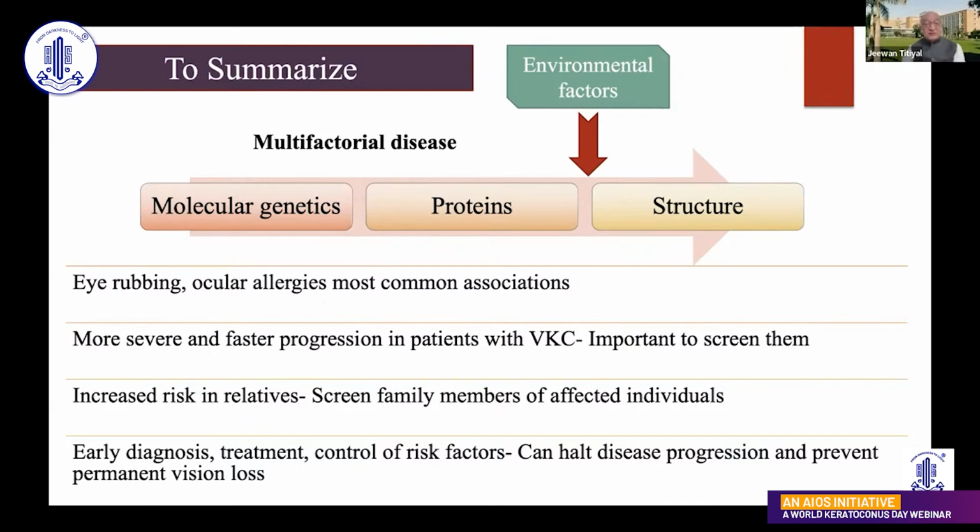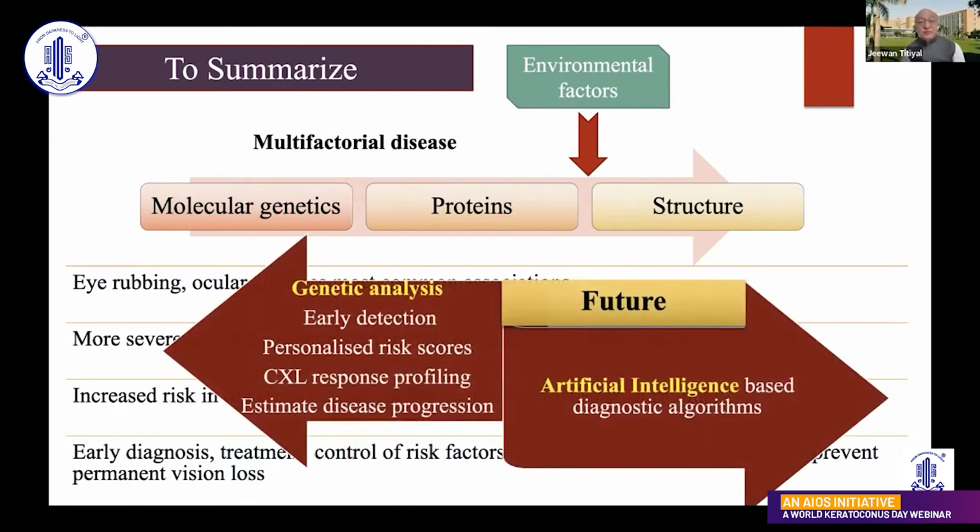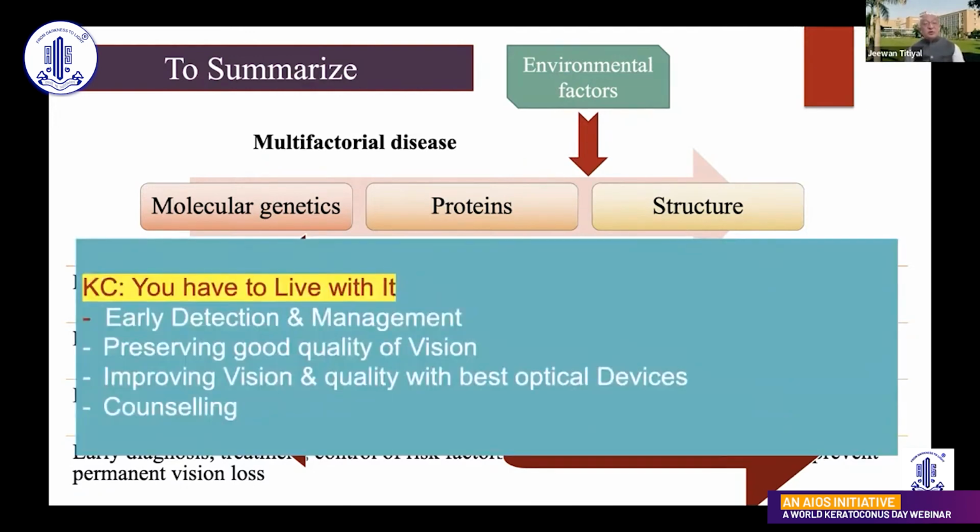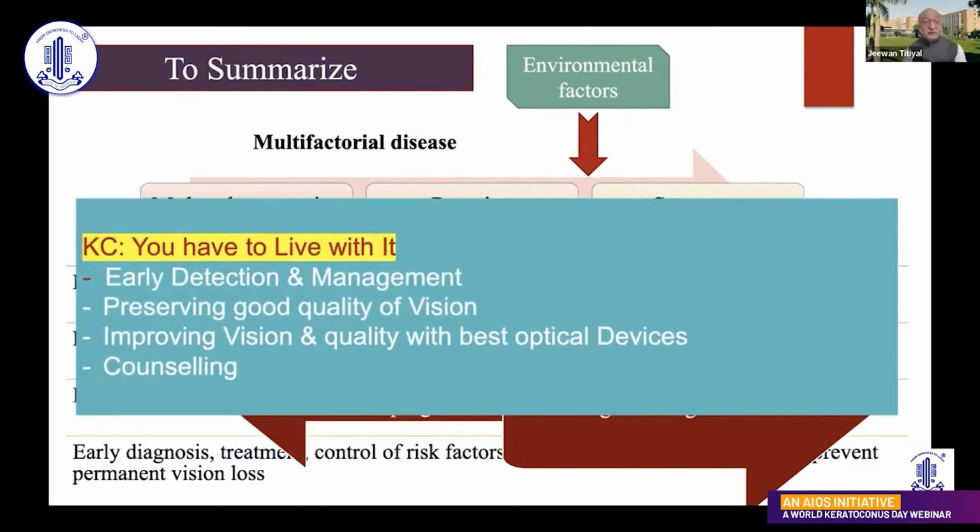Early diagnosis and treatment is very, very important. In the future, genetic analysis, as I talked about, for early detection, and we are all working on artificial intelligence as the base for early diagnosis and treatment in these cases. We all know that once you develop keratoconus, you have to live with this disease. It cannot be reversed totally, or cured as such.